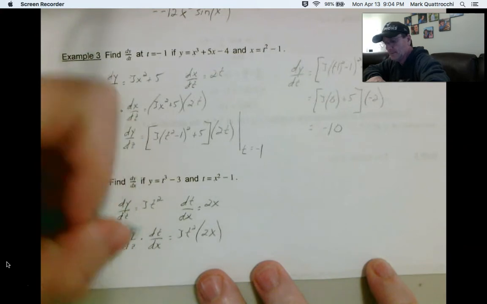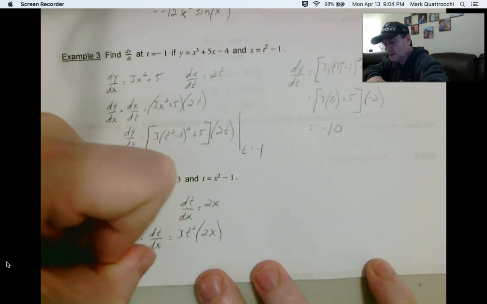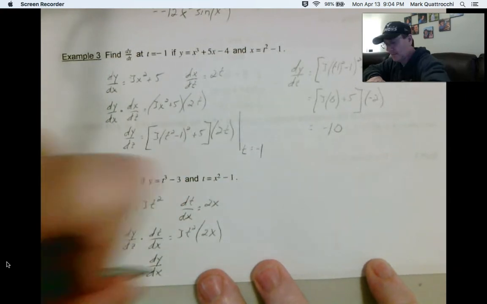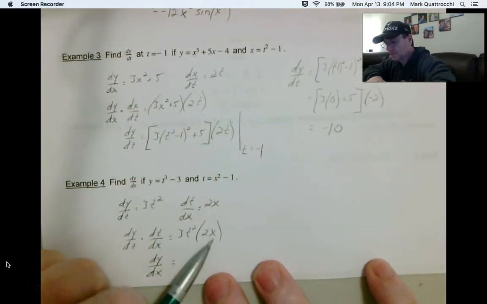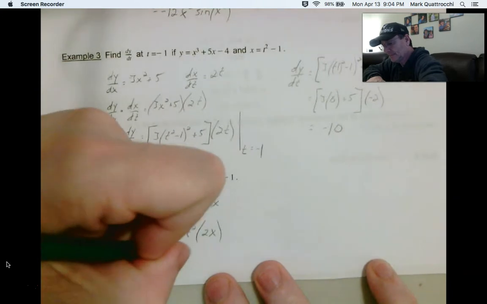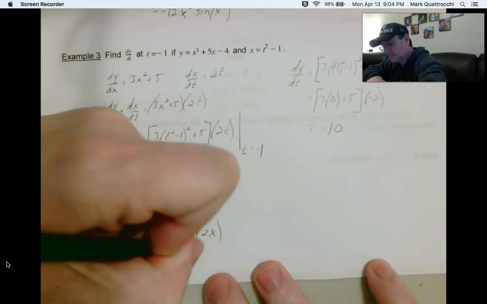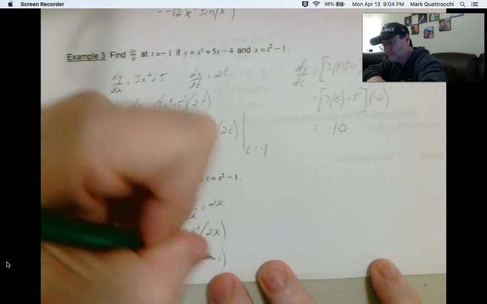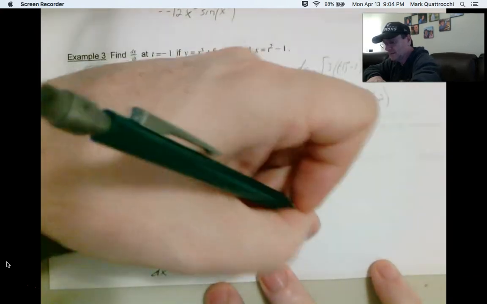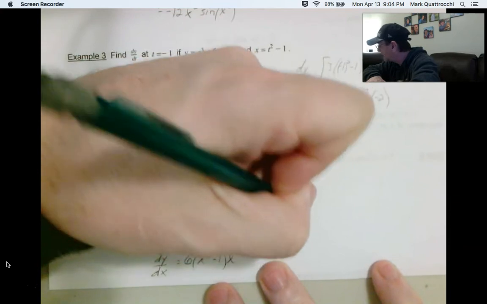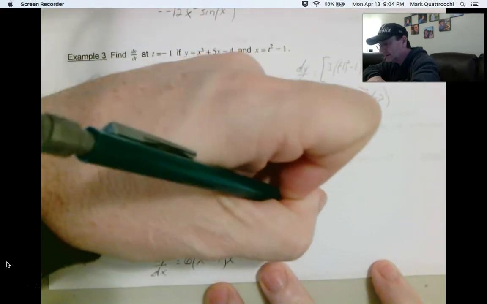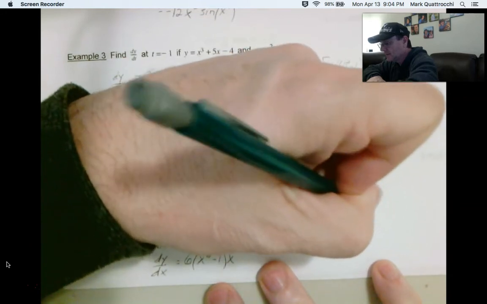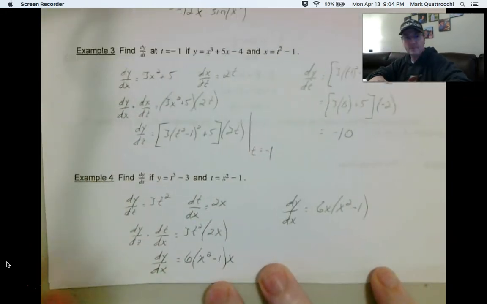We're going to get dy/dx equals, I'm going to distribute, so 6x times x squared minus 1, or dy/dx equals 6x(x squared minus 1). Final answer.